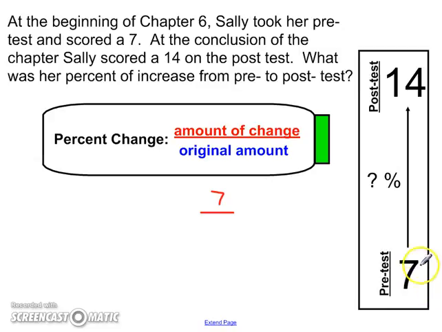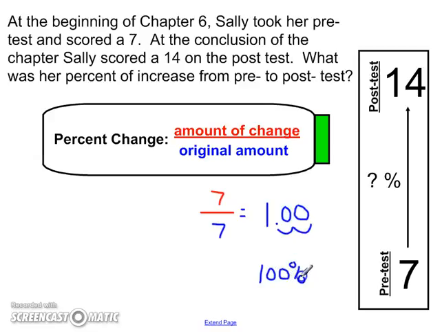In this case, the original amount, the starting amount, is also 7. Well, 7 divided by 7 is 1, and that would be 1.00. Now, as a percentage, remember, we bump the decimal 2 places to the right because we're multiplying by 100. That would be a 100% increase.